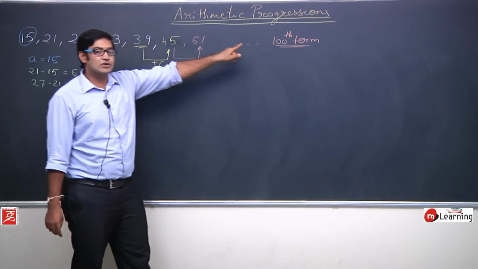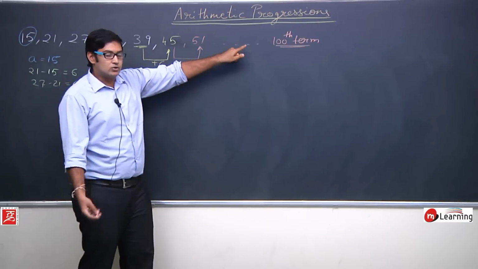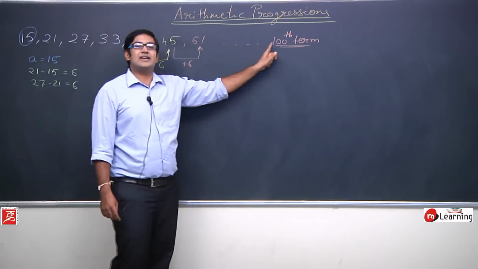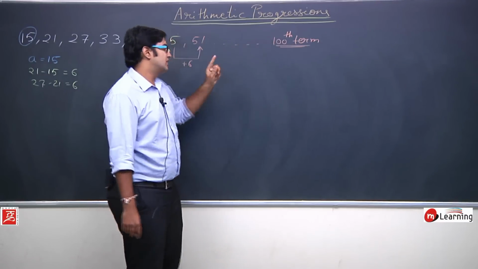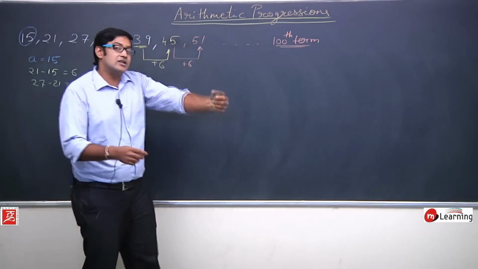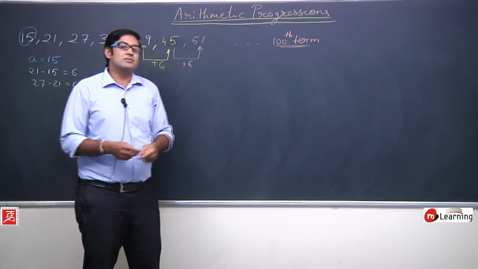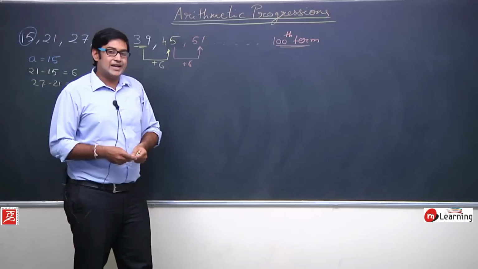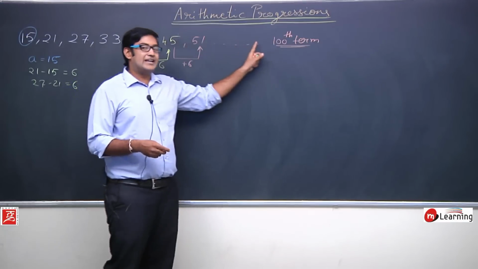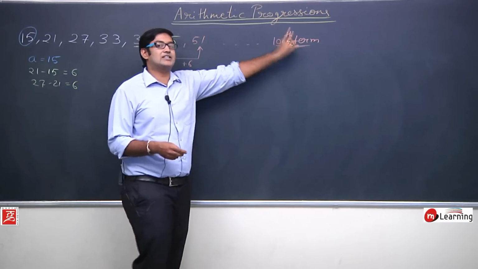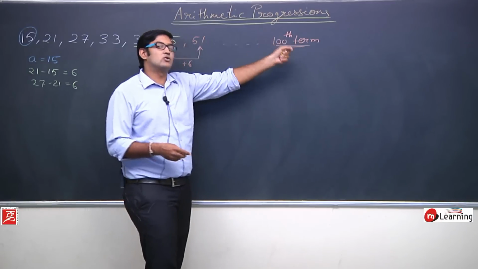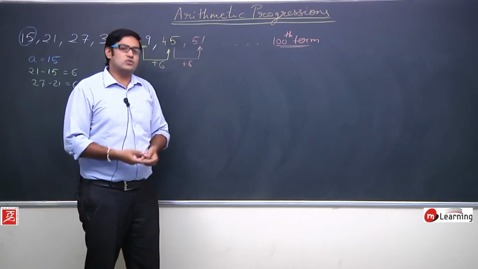So what should I do? Should I write the first 99 terms and then add 6 to the 99th term to get the 100th term? Or should I calculate the first 98 terms and then add 6 to get the 99th term and then add 6 to get the 100th term? Should I do it like this? Okay, you can do this.